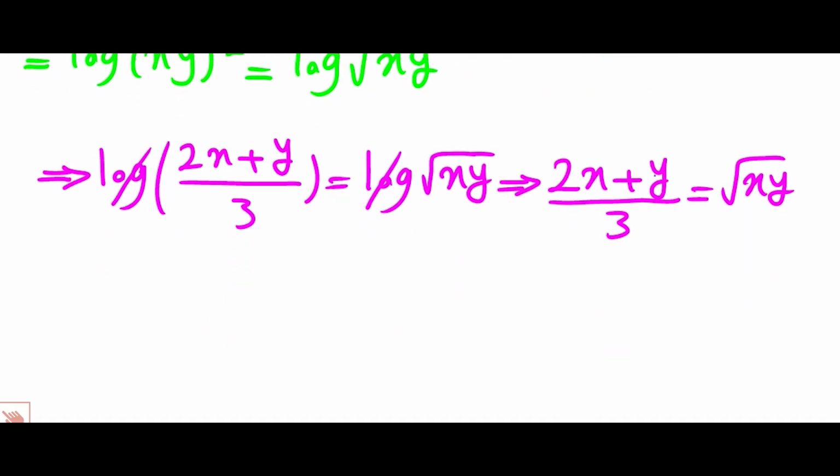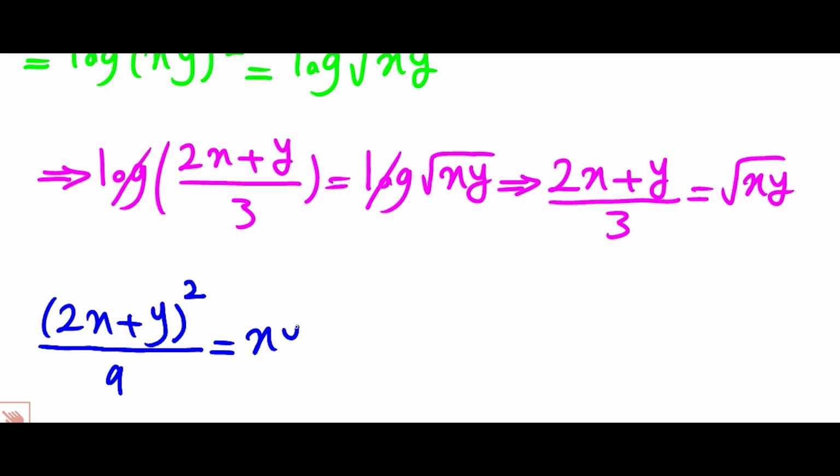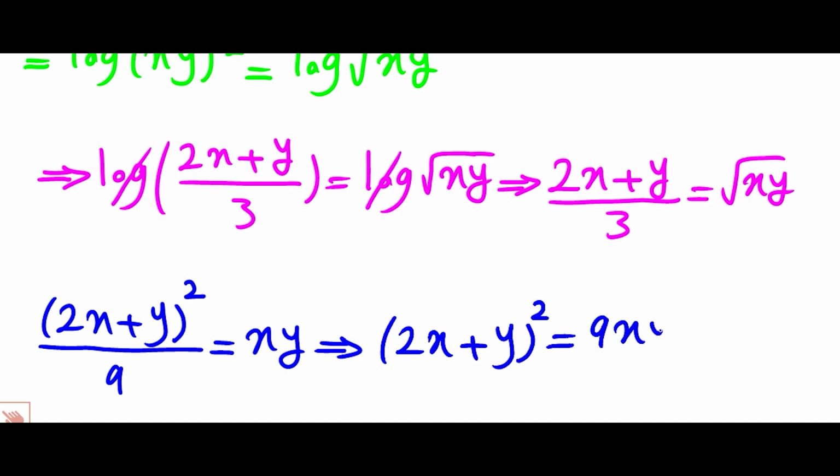So we get (2x plus y) squared over 9 equals xy, and if we multiply by 9, we have (2x plus y) squared equals 9xy. Now expand the left side.